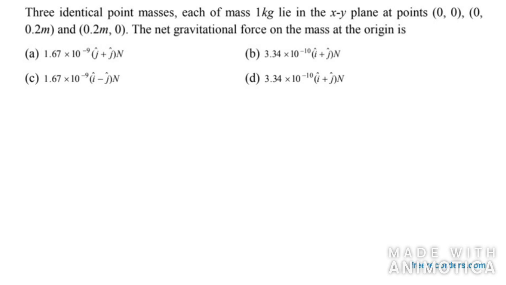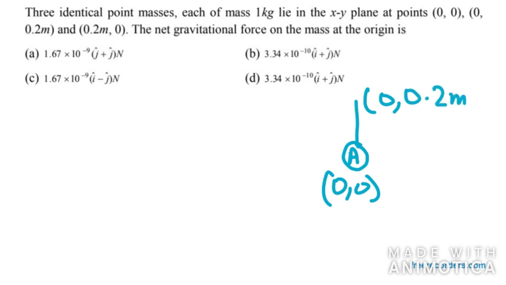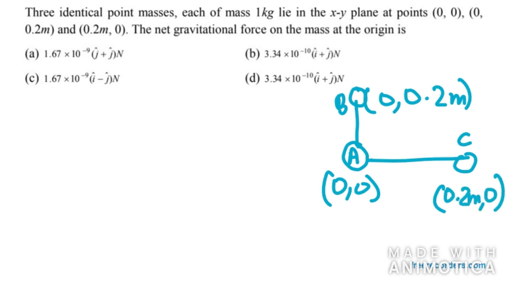So let us suppose that we have A at origin (0, 0), B at the y-axis, that is (0, 0.2 m), and my C will be on the x-axis, that is (0.2 m, 0). So this is how the figure will be.